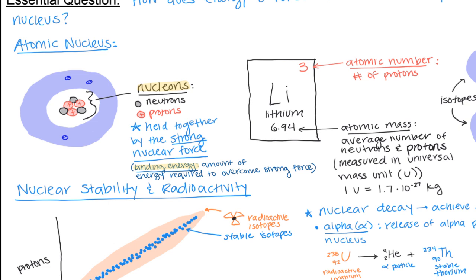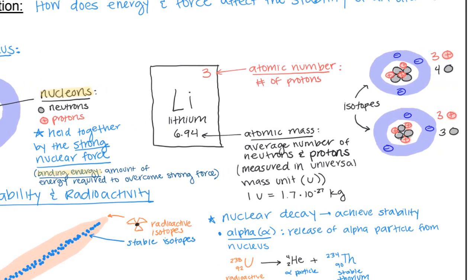That is what gives us these decimal numbers for our atomic mass, because we are taking the average atomic mass of various different variations of the same type of atom. These different variations of the same type of atom are what we call isotopes. I will highlight that because this is going to be an important word. Isotopes just means that the atom is changing the number of neutrons within its nucleus.